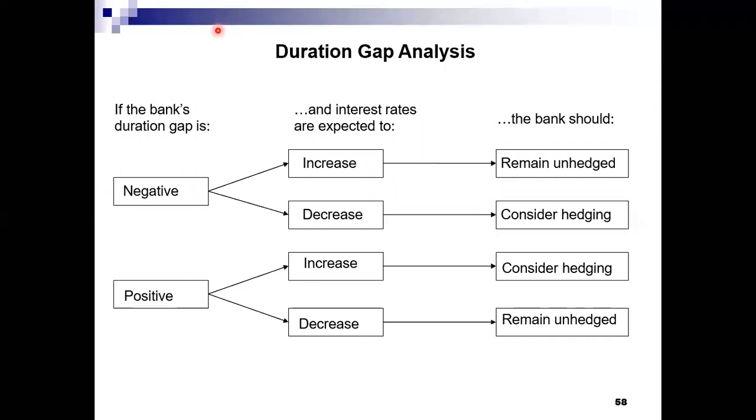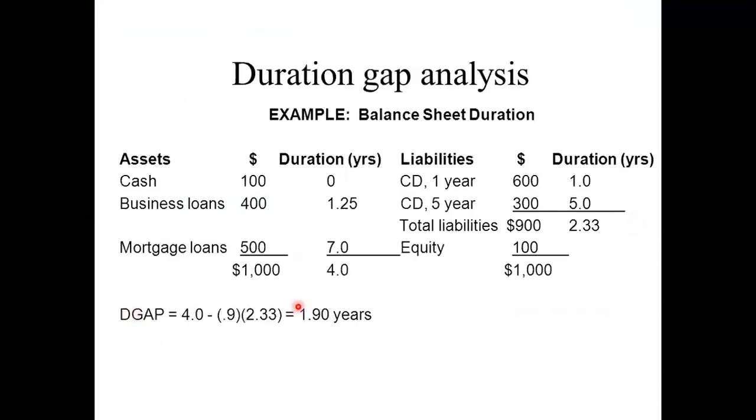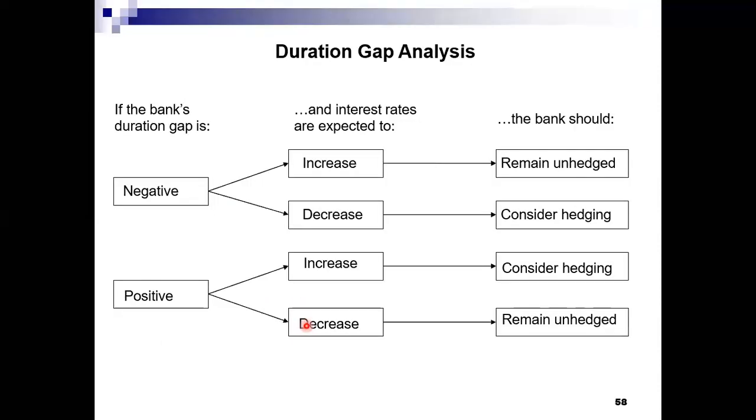Here is a summary. If the bank's duration gap is positive, as with this example, when interest rate increases, consider hedging. It will adversely impact net interest income.